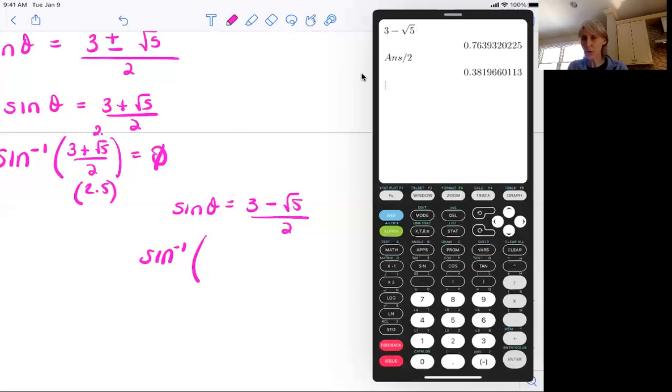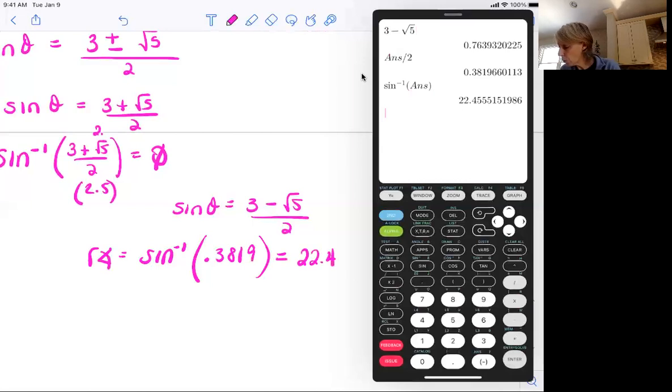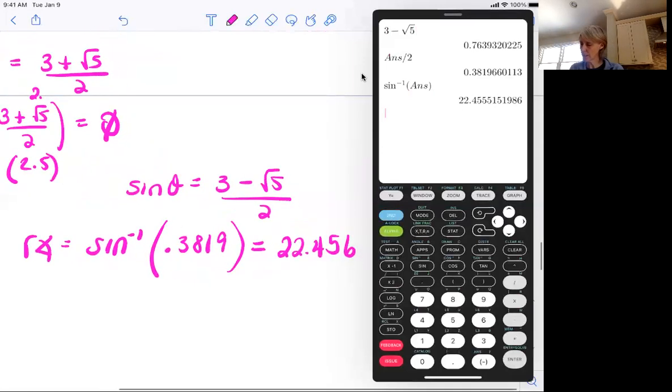So I want the angle whose sine is 0.3819, whatever. So I second sine, pull in that decimal, and the reference angle here is going to be 22.4. We'll go out 3 places. We're trying to be good about this in a calculus sense.